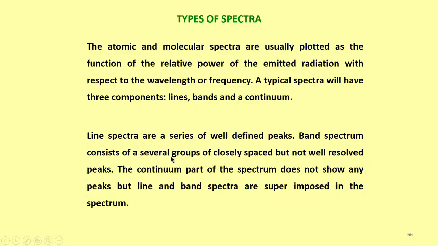Now, band spectrum is another one. There you can see it contains several groups of closely spaced, but not well resolved peaks. I had told you about the small energy differences using vibrational and rotational energy levels.